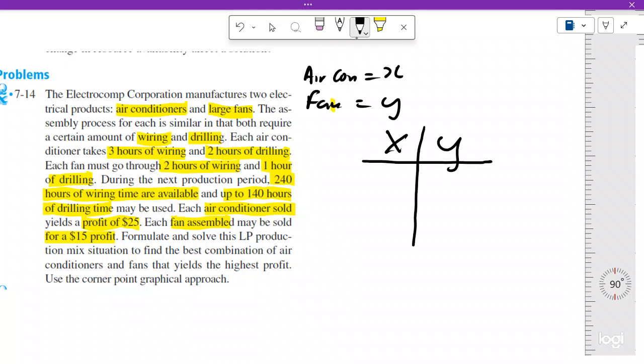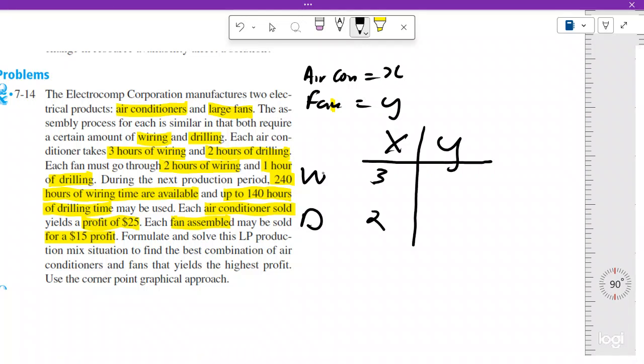And also we understand that there is wiring and drilling. So I can just say W and drilling. Then it is stated that there is 3 hours of wiring and 2 hours of drilling. These are the times for air conditioning.